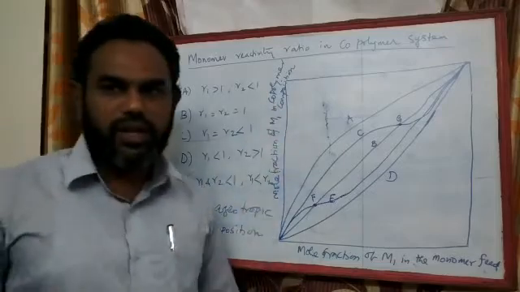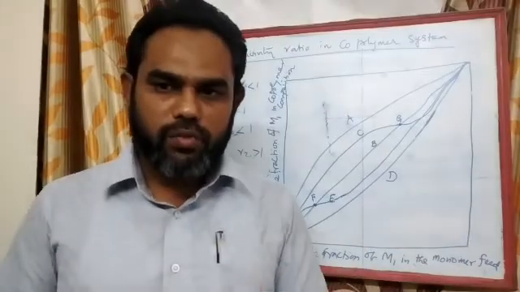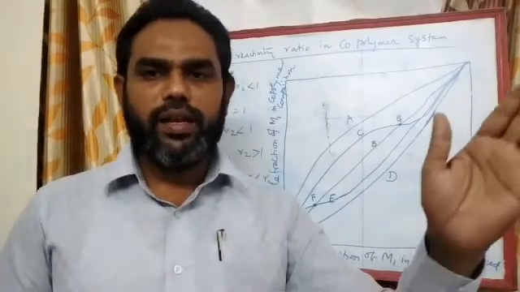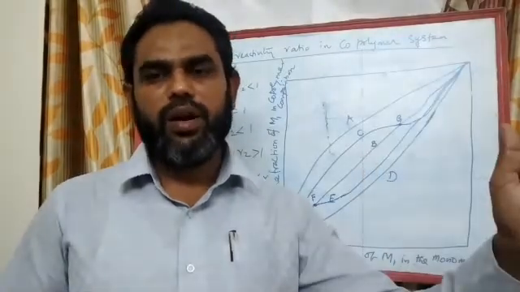So that is a plot between the monomer feed and the monomer in the copolymer composition, I mean in the product.